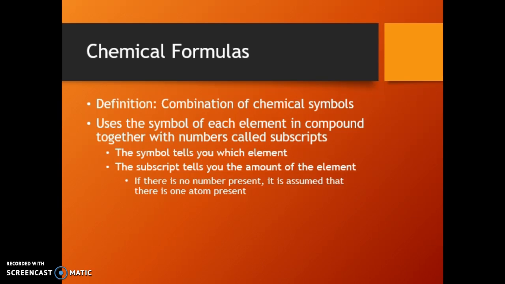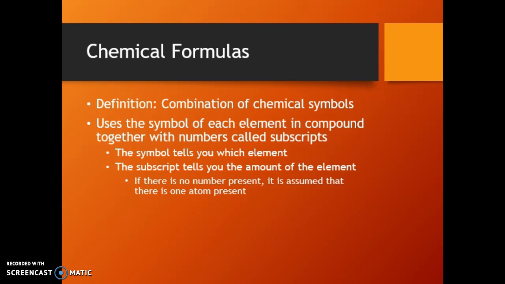Each element has its own symbol, and from there you can take those symbols and build these formulas. Each chemical formula uses a symbol of the element present, and it also uses numbers which are called subscripts. We'll get into those in a little bit, but you've seen them written before, especially in H2O. It's that little 2 that's the subscript.